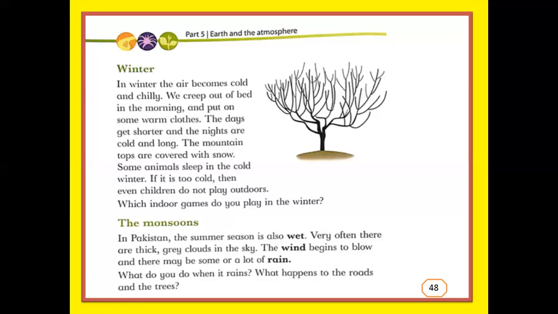Due to the wind, most of the branches of the trees are broken, and due to the broken branches, roads fail. So in this season, roads become damaged, and also filled with water and broken branches of the trees.